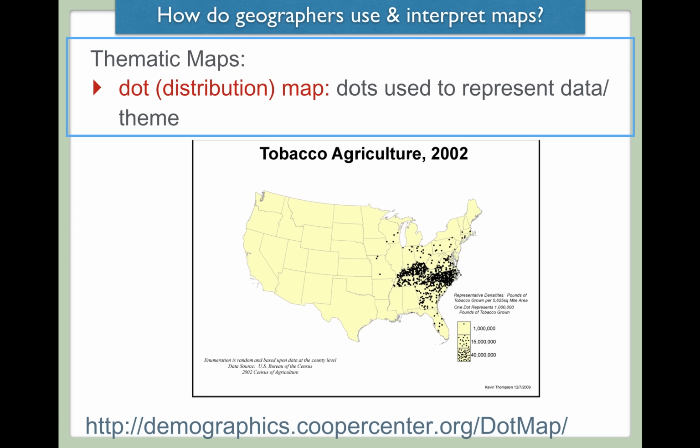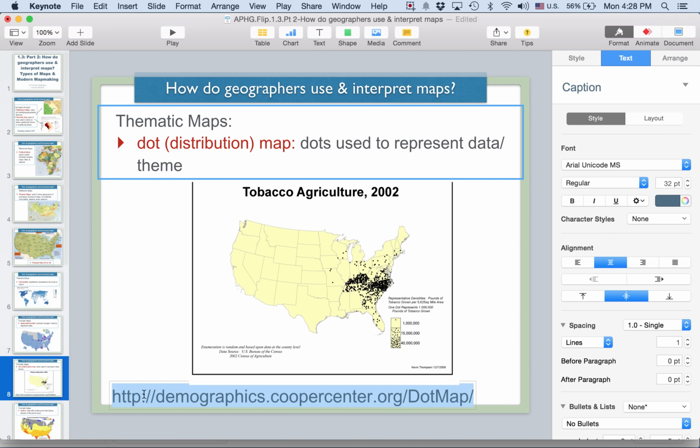It says here 1 dot represents 1 million pounds of tobacco grown. So 1 dot, 1 million pounds. This dot distribution map would say, in this general region, we have this produced as 1 million. So the dot distribution shows us the theme using dots.